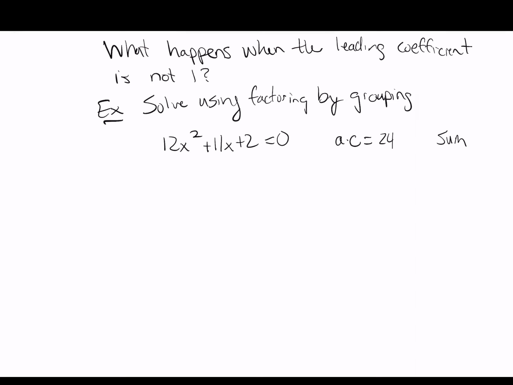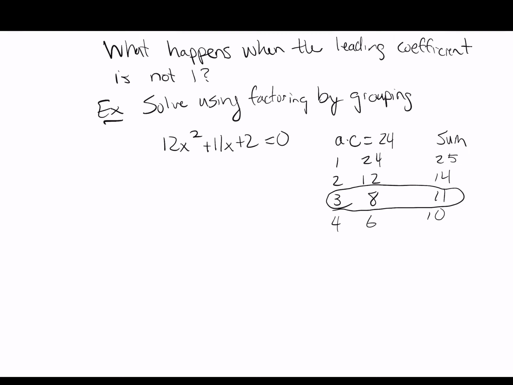Well, we have 1 and 24, 2 and 12, 3 and 8, 4 and 6. Are there any pairs that sum to 11? Well, 1 and 24 is 25, 2 and 12 is 14, 3 and 8 is 11, and 4 and 6 is 10. So we want the pair that includes 3 and 8.